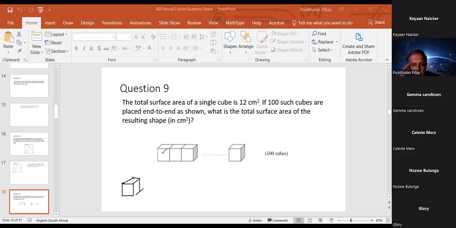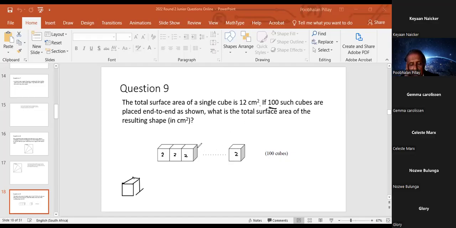So what we're looking at here, this face here is 2, that face is there 2, and so on. And now they are put next to each other from end to end like this, right? And the question is, what is the total surface area of this thing? The whole thing is attached now. 100 cubes are placed next to each other.